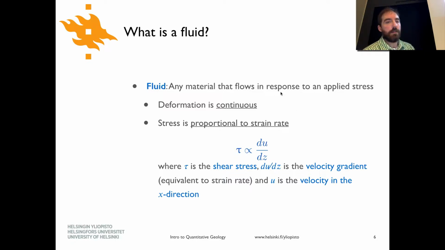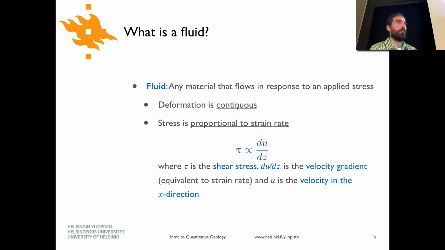So that's a basic definition of a fluid, and with fluids, deformation is continuous. It's not necessarily continuous in time so much as continuous in space. If you take some cake batter and mix it, everywhere that it's being moved is going to deform.